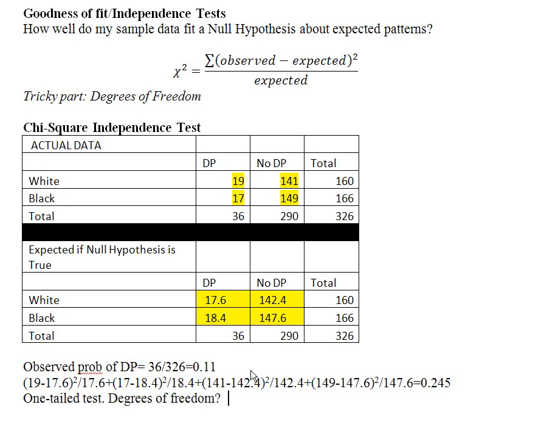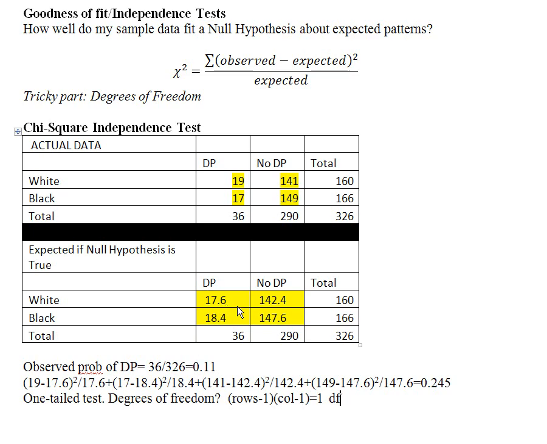For a chi-squared test of independence, where you have a table with rows and columns, the degrees of freedom is calculated by the number of rows minus 1 times the number of columns minus 1. In this case, since we have 2 rows and 2 columns, this is just 1 times 1 equals 1 degree of freedom.